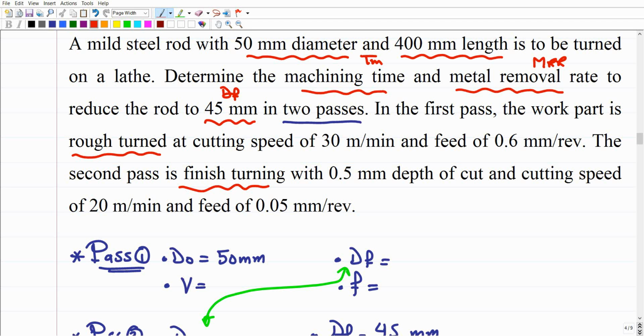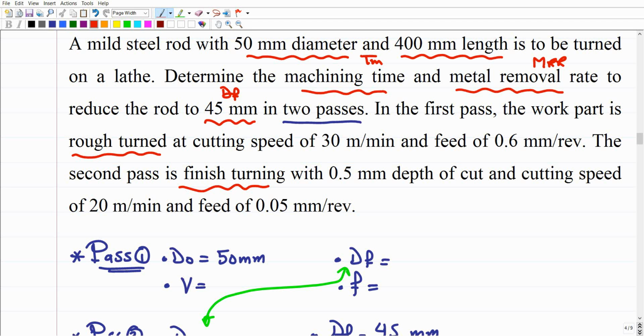But in the finish turning operation, we are interested in making the surface very smooth. The objective is to decrease the radius, yes, but in the meanwhile the surface of the work part should be very smooth, very finished. But in rough turning, we don't care whether the surface is smooth or not.